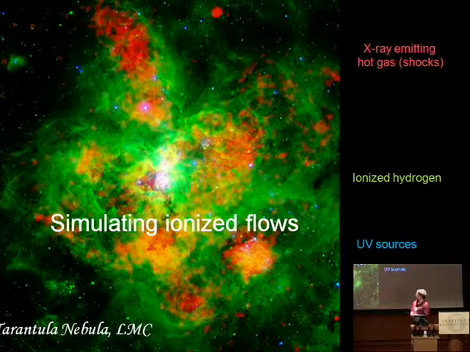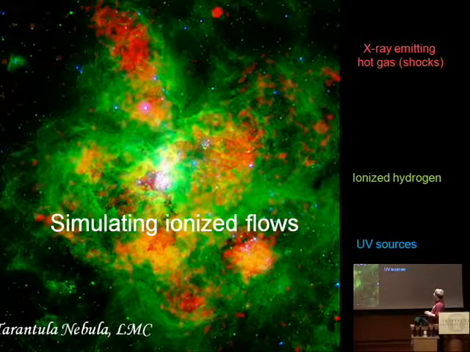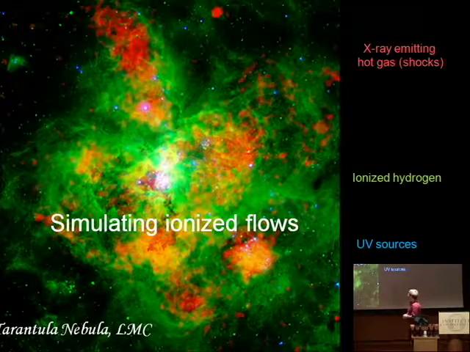Okay, so simulating ionized flows. Here actually is a nice image of the Tarantula Nebula. The blue is ionizing sources. The green is ionized hydrogen, and the red is X-ray emitting gas, 10^7 Kelvin gas.